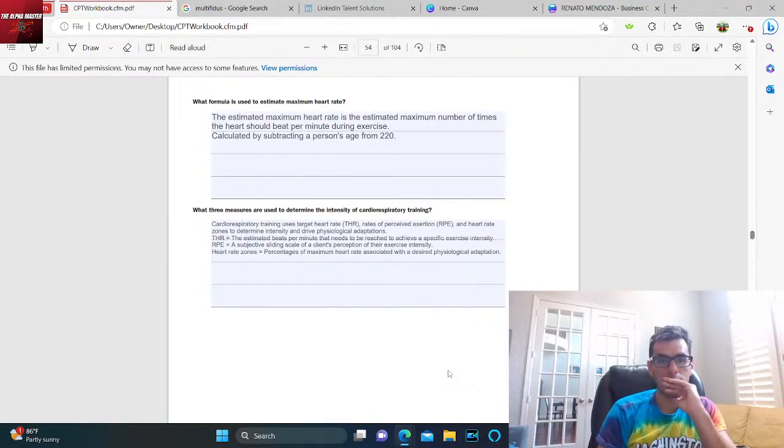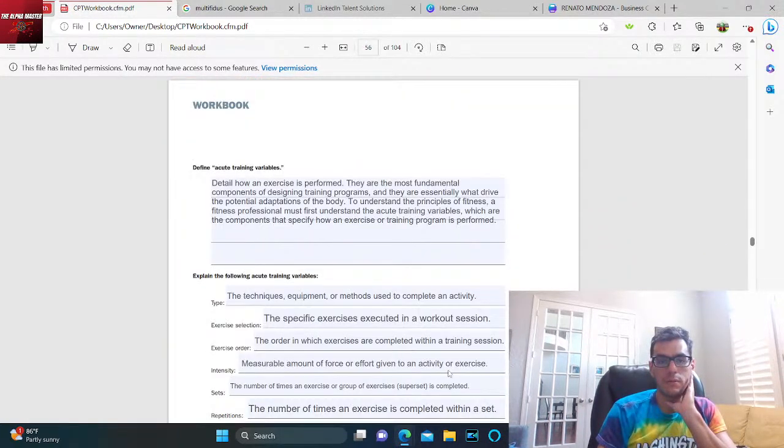The formula to estimate maximum heart rate is 220 minus a person's age.